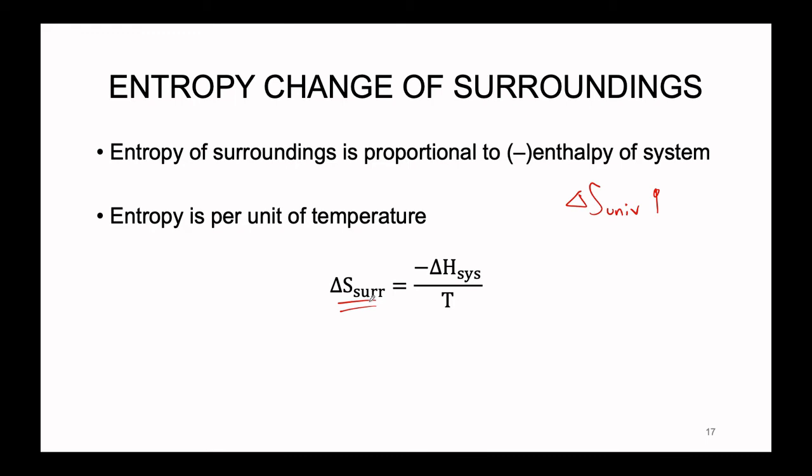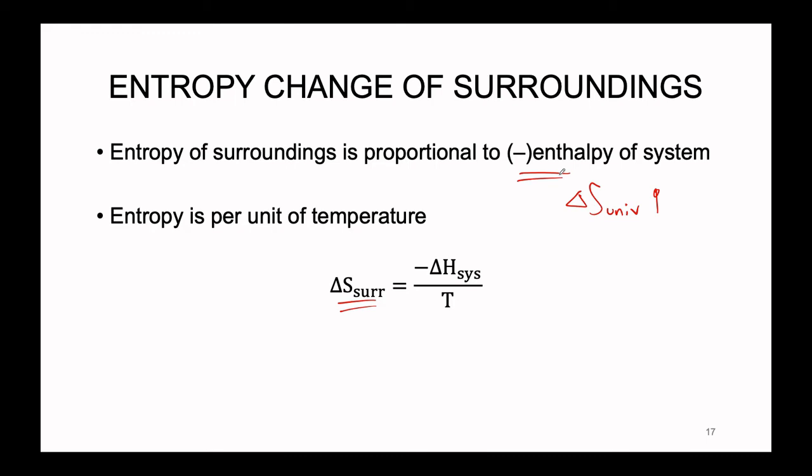So we're going to make a couple of assumptions here, and these assumptions have been demonstrated to be reliable at higher levels of chemistry and mathematics. So we're just taking advantage of the knowledge that calculus can bring us without actually showing the derivations here because they can be fairly complicated. So what we're going to say is that the entropy change of the surroundings is going to be proportional to the negative enthalpy of the system.